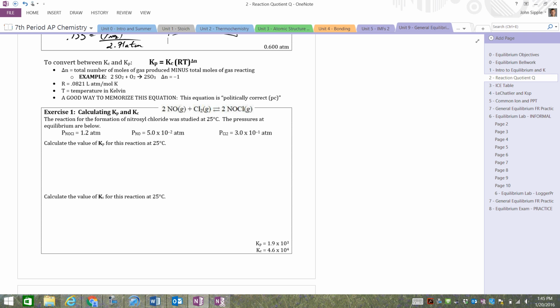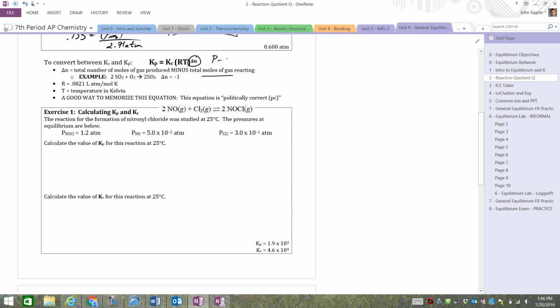The biggest thing about this equation that would be a little weird to you is going to be the delta n here. It's always going to be products minus reactants, in terms of moles of gas.